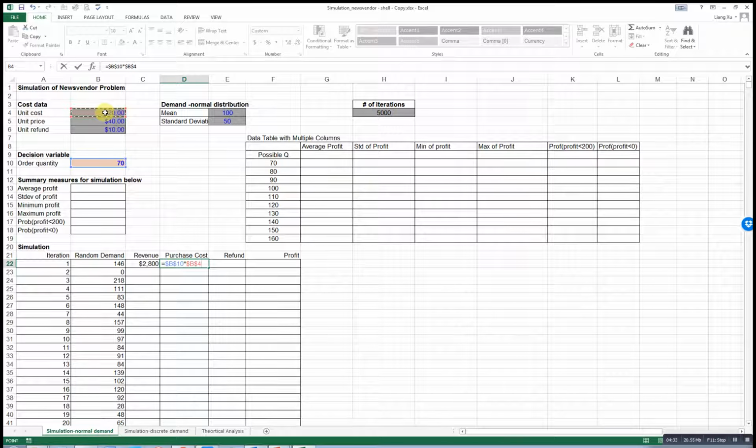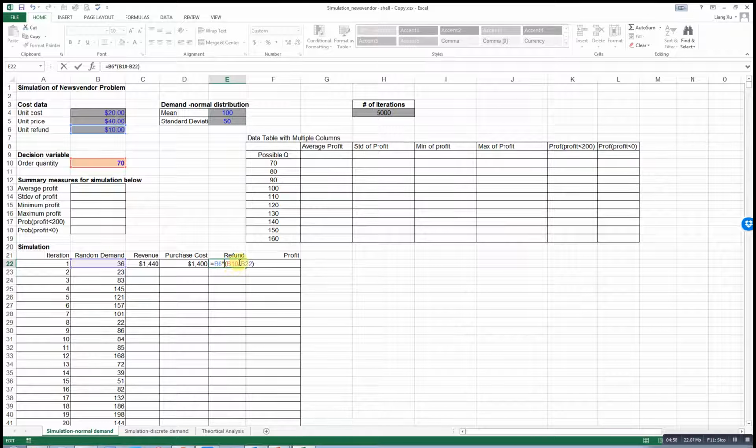The amount of refund you have is, for every unit you return, you get $10, and the total amount of refund is just what you ordered minus the demand. This is your leftover, but you only have leftover if this is positive. Otherwise, you would have shortage. If your order is less than your demand, then you have shortage.